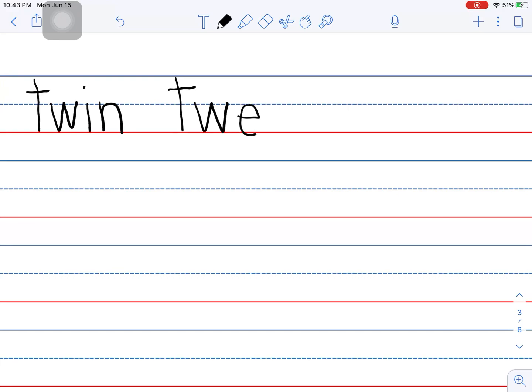E says twen. T. The next syllable, T. I use the T. And E. And Y says E at the end of a multi-syllable word. So 20 means 2 tens.